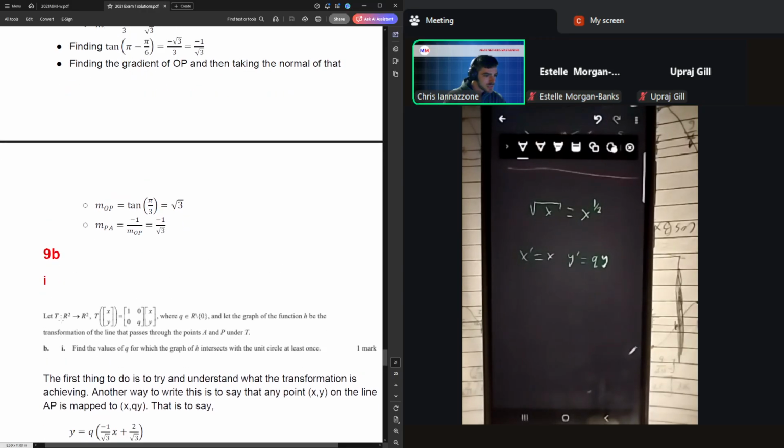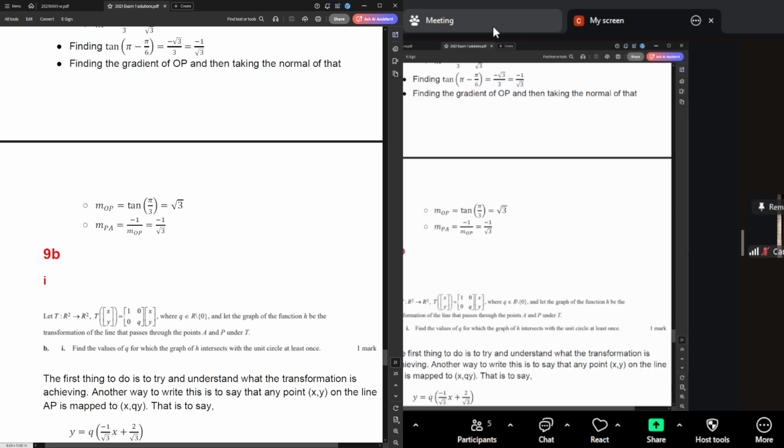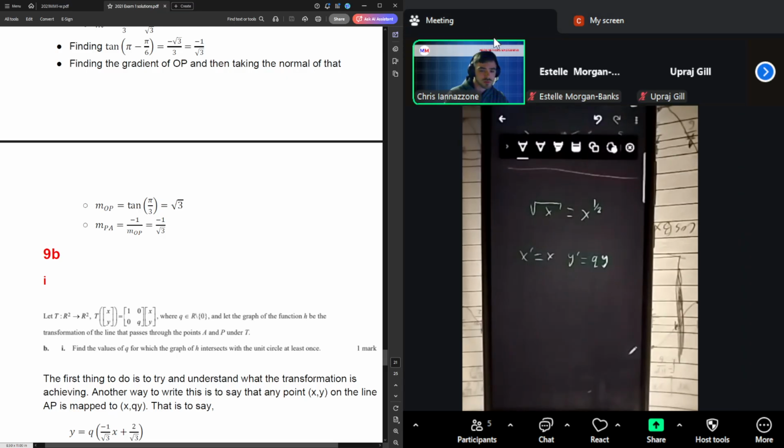Whichever way you want to go about that, whether you do your whole x dash y dash stuff, or you just realize that a dilation factor of q means we put a q on as a multiplier of y, either way, the function at the bottom of the screen share is our transformed function.